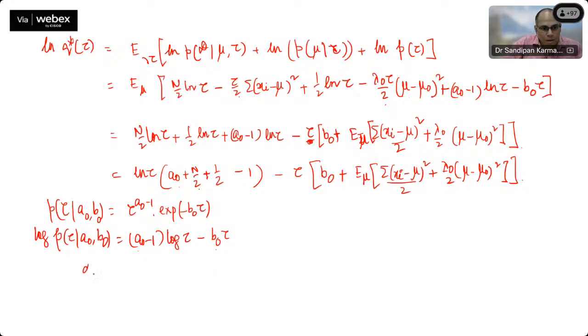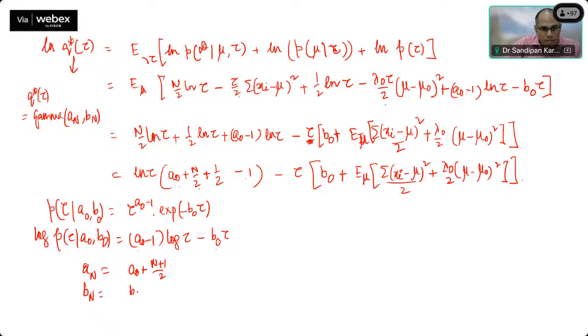I am writing the parameters as an and bn. So Q star of tau is gamma with an and bn, where an is a naught plus n plus 1 by 2, because I have to keep this minus 1 intact; I am not disturbing it. And the second one is that b naught has become bn.